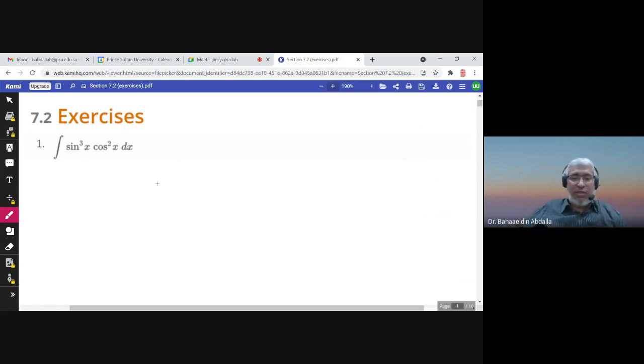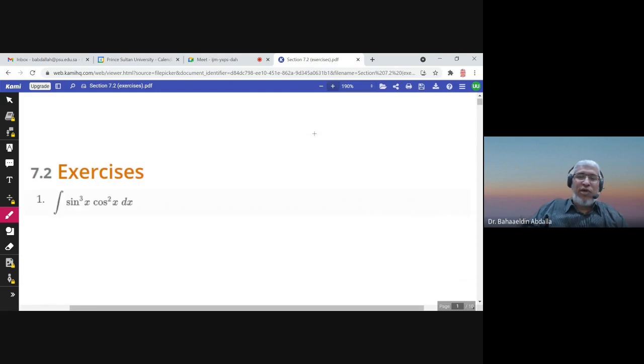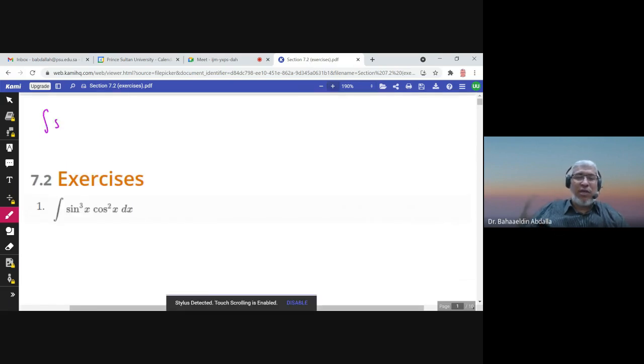These are some exercises about section 7.2, which is about trigonometric integrals. So we learned in this section how to find the integral of sine to the power m x times cosine to the power n x dx.